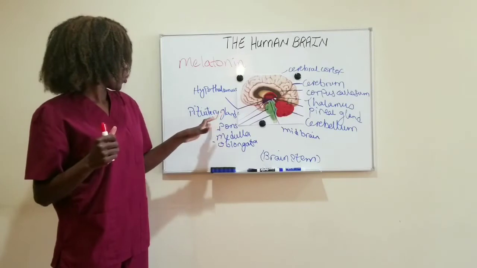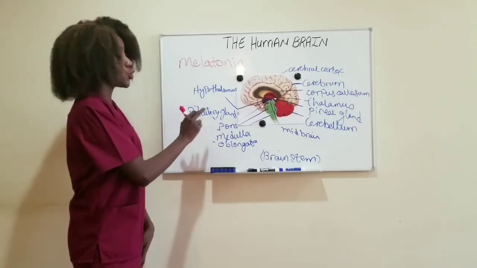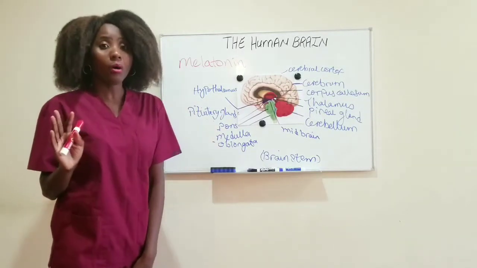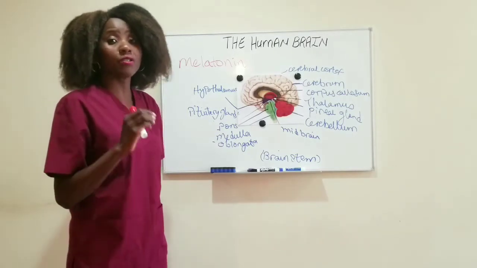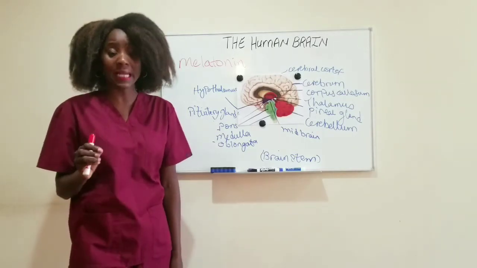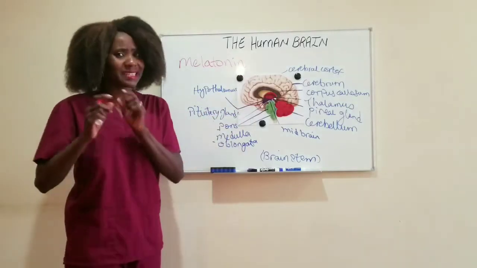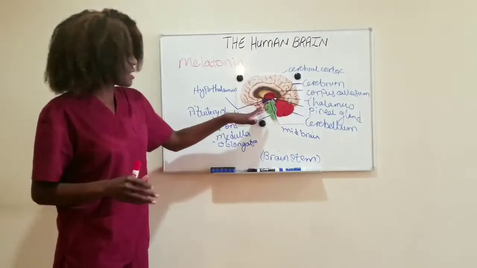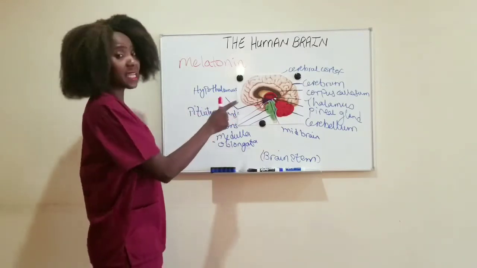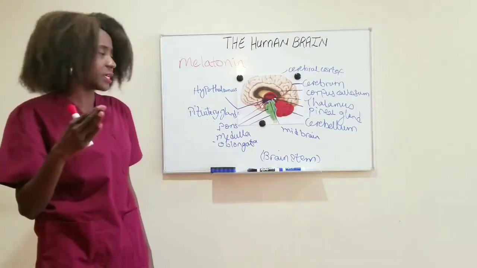One of these glands is the pituitary gland. For the purposes of this video, we're just going to focus on the posterior pituitary gland, because the anterior pituitary gland is connected to the brain via tiny blood vessels, but the posterior pituitary gland, which is what we're seeing here, is actually part of the brain.